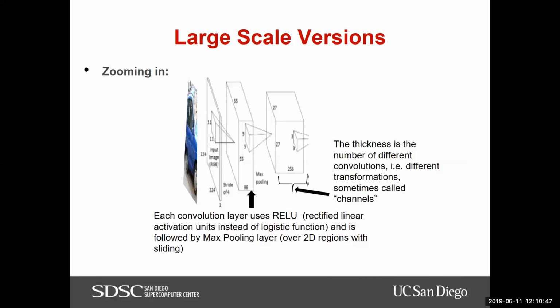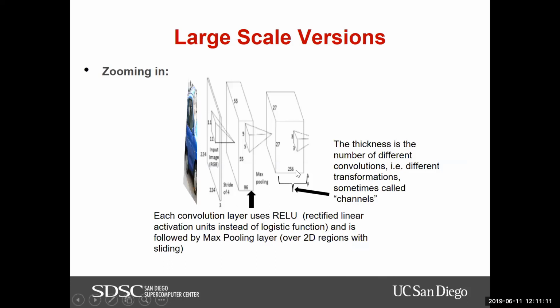In this example, there were 96 channels in that second layer. There you see in this example the first layer has a filter of 11 by 11. I don't remember how much sliding was going on.